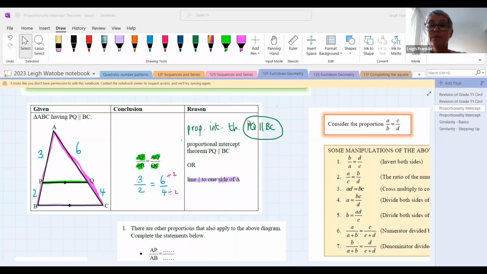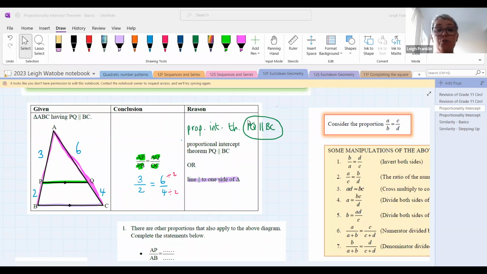Ma'am, why are you dividing by 2, ma'am? What I'm saying, Anthony, is that 3/2 is the same as 6/4. That's what I'm saying. So these are numbers that would be given to us, for example. Okay, so if the length of AP is to PB is 3:2, yes, then on the other side, if it's in the same proportion, then it could be 6/4.